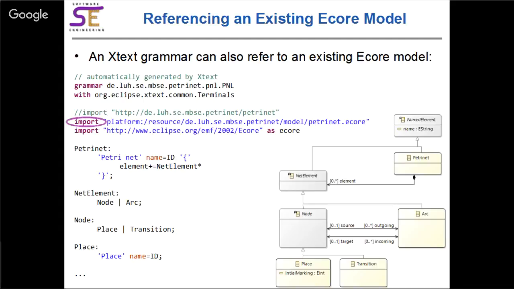So for net element, the subtypes are node and arc, and we have the same again: the rule node matches nodes, but we have specific rules, place and transition, and so place and transition are subtypes of node in our meta model. Okay.